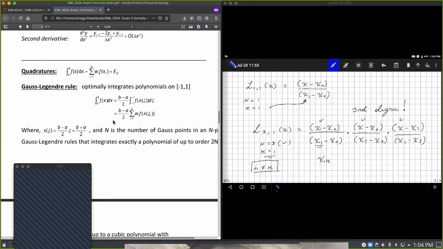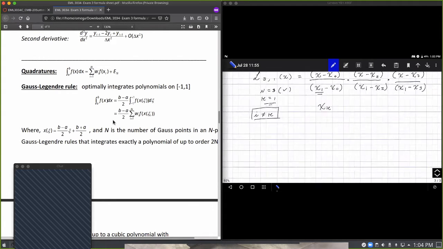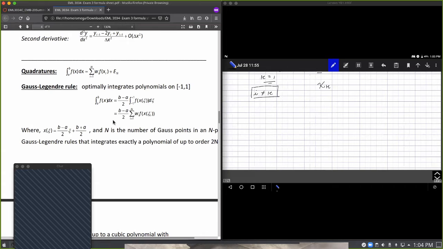So let me see if I can write it here. You have your values for your psi, and you have your values for your weights. You're given your a and your b, which are the limits of integration, and you're given a function in whatever terms, f of x. Let's say I want to do a 2-point Gauss quadrature.